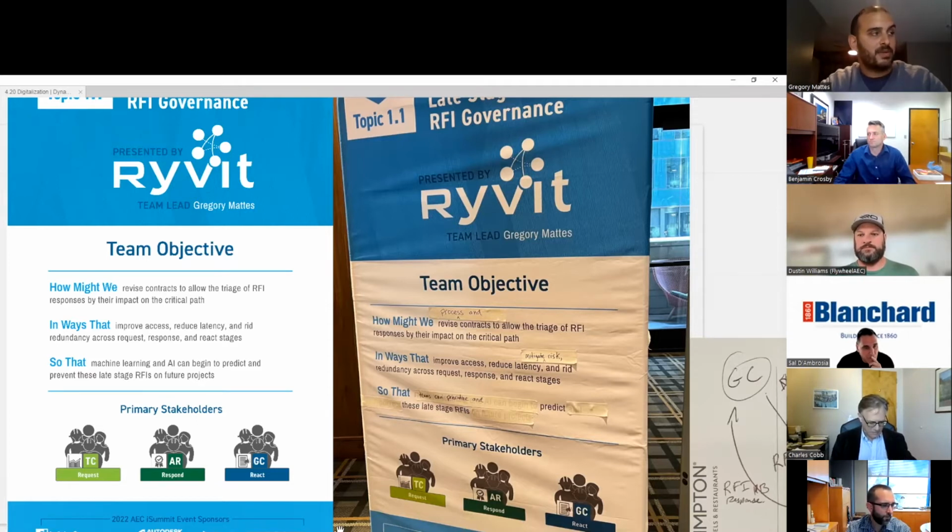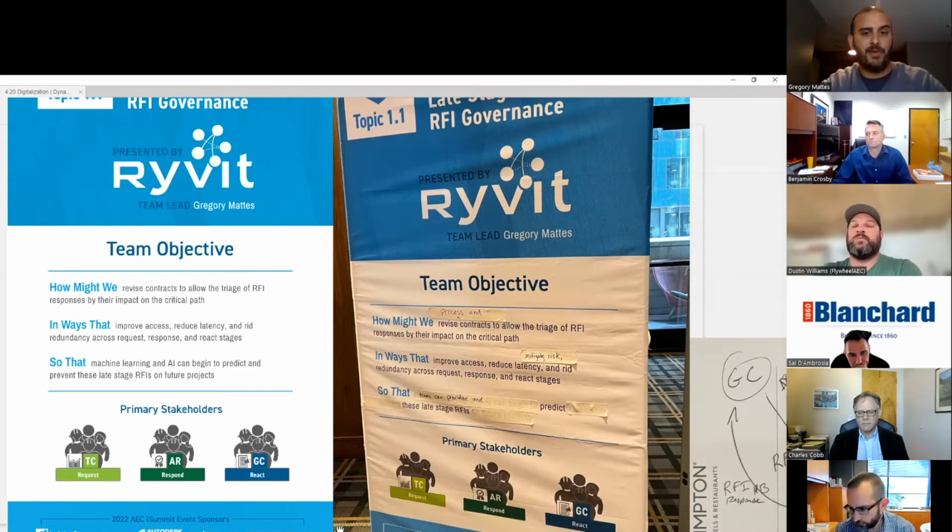And so a lot of things that we talked about were around how do we standardize the fields in an RFI? How do we incentivize people to do that? And then standardizing the RFI will lead to being able to create better integrations, better automation, and then be able to define some fields that we can use to help prioritize those RFIs, to identify here are the burning fuse items, and here are the things that can wait a few weeks to be answered. That's how we thought about it, and that's why we modified the objective.